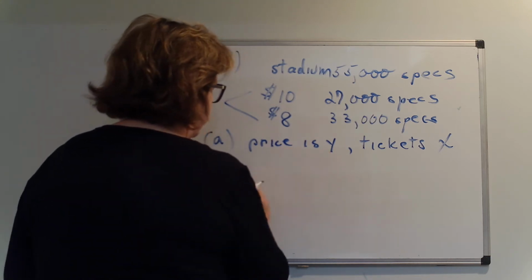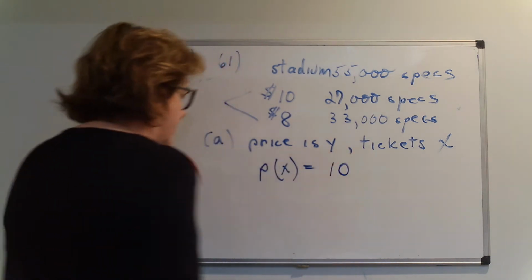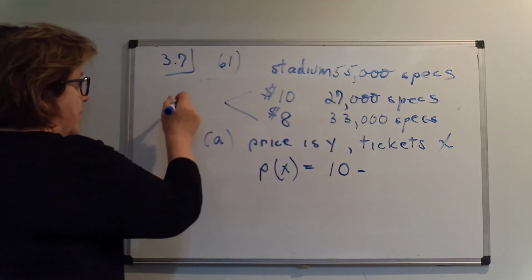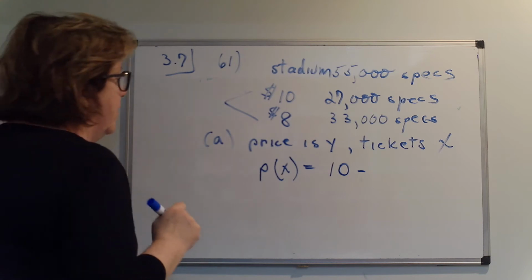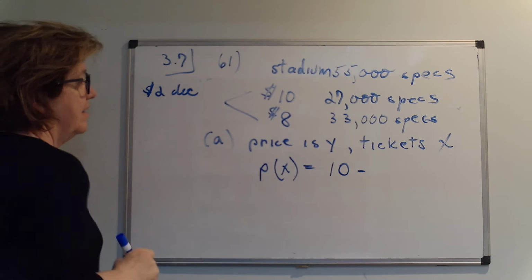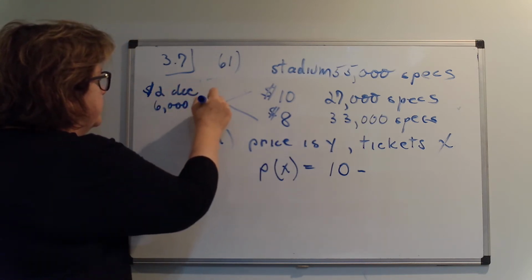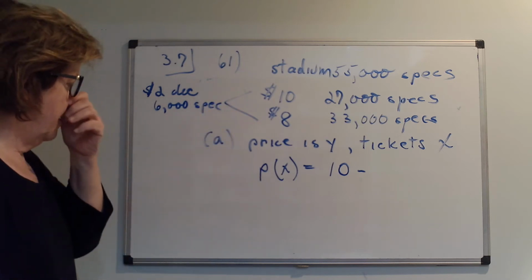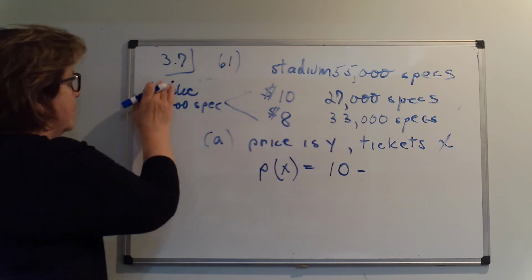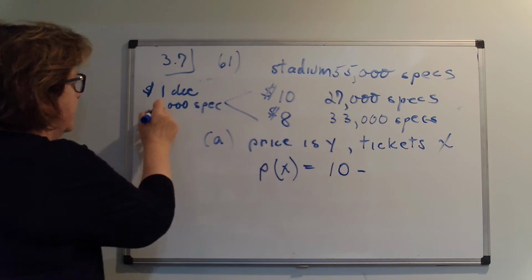Let's say I start at a price of $10. I know that for every $2 decrease, I go up by 6,000 spectators. So for every $1 decrease, I go up 3,000 spectators, right?